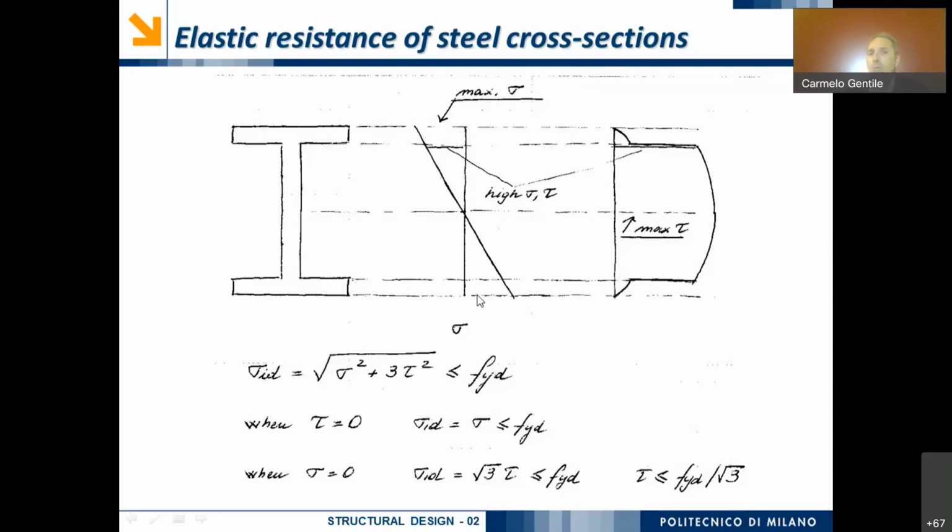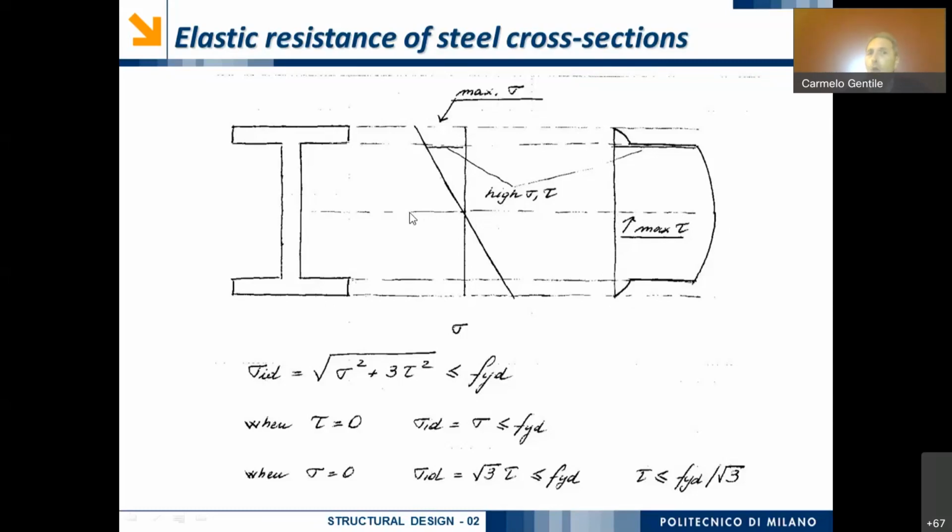So maximum normal stress where the shear stress is equal to 0. Conversely, we have the maximum shear stress corresponding to the center of the cross-section where the normal stress is equal to 0.